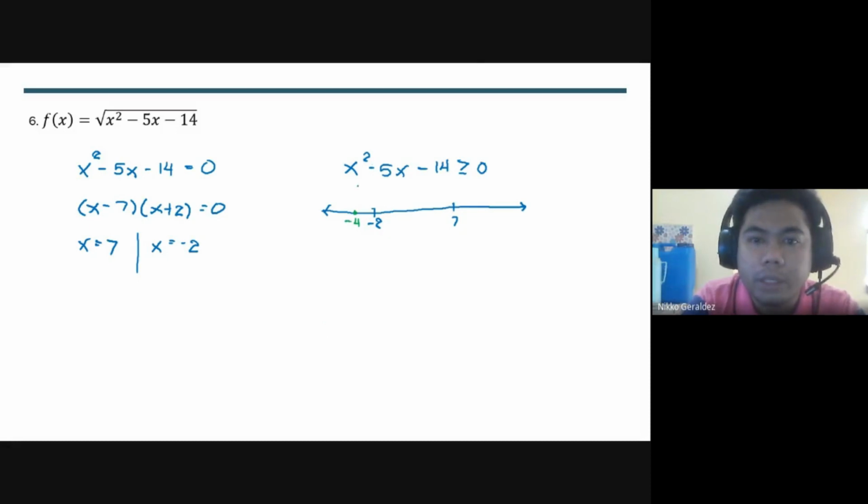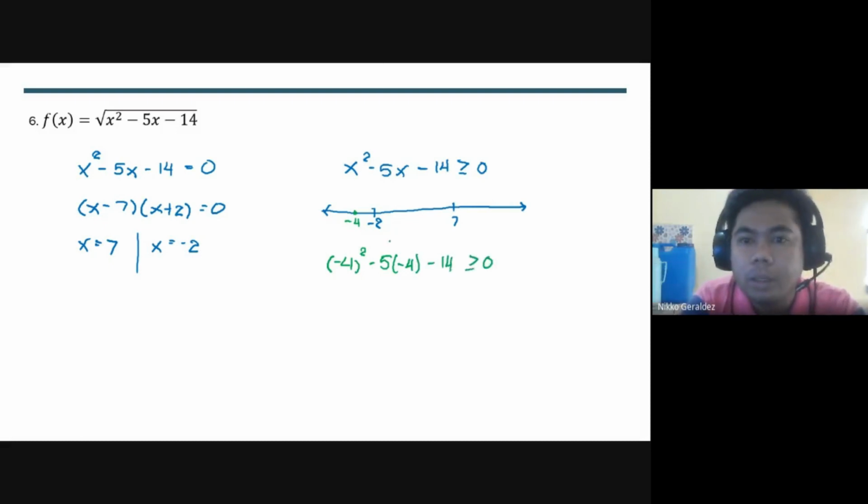Negative 4, substitute it in our inequality. So, negative 4 squared minus 5 times negative 4 minus 14 greater than or equal to 0. What is the answer?